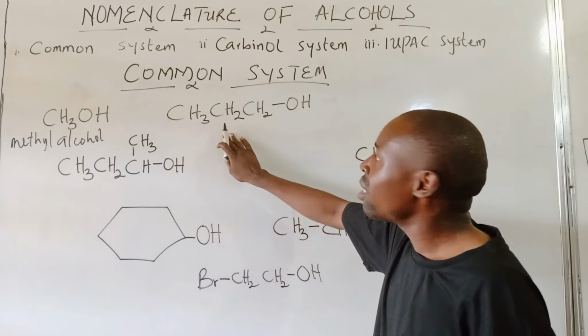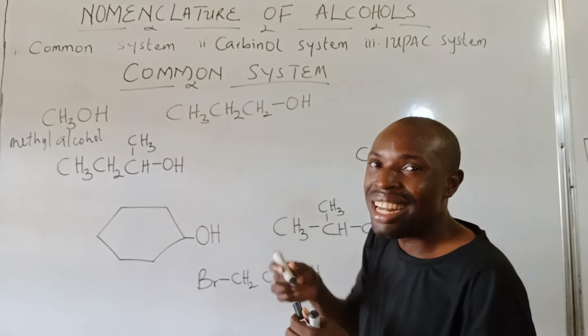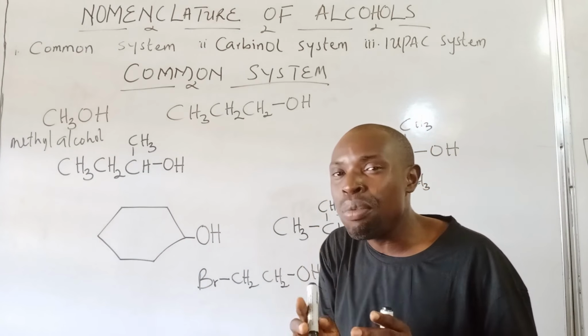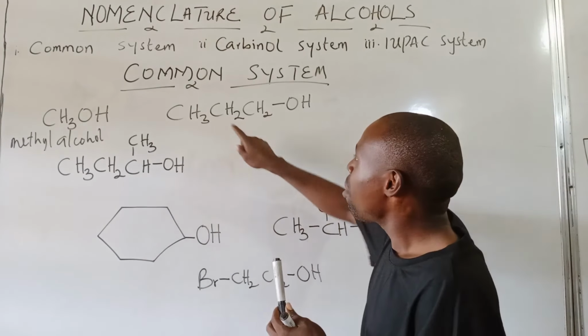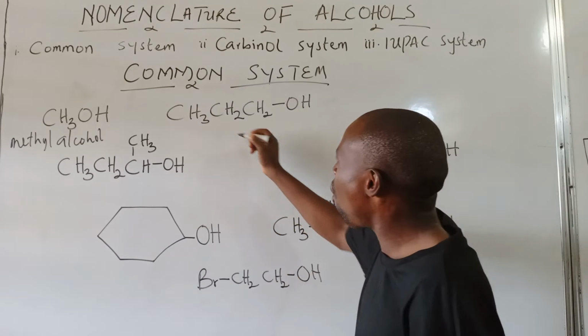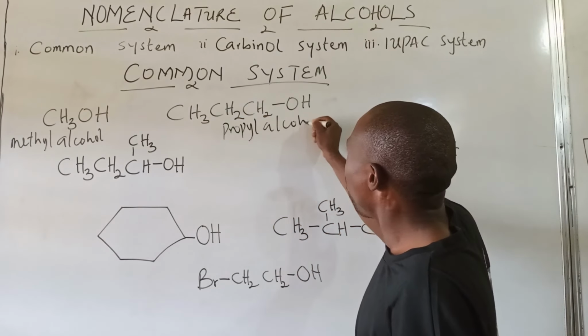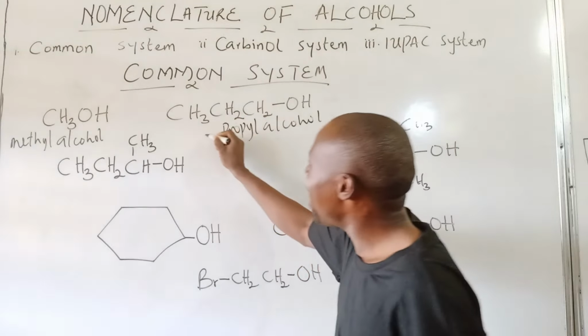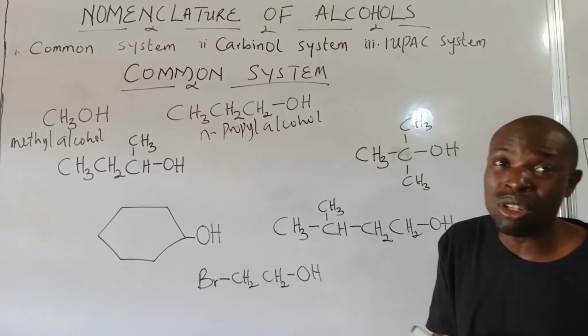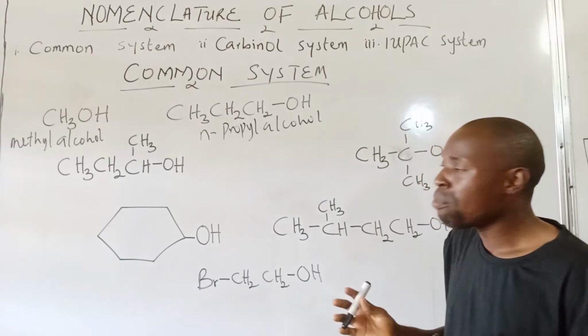In the case of this one, it contains a three-carbon alkyl group, and a three-carbon alkyl group is called propyl. So it will be propyl alcohol. You can also attach n to it. n simply means normal, so it is n-propyl alcohol.